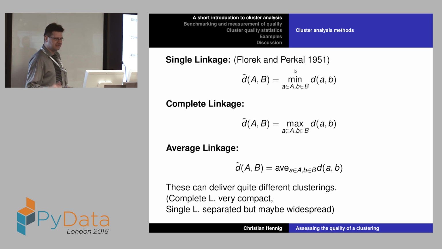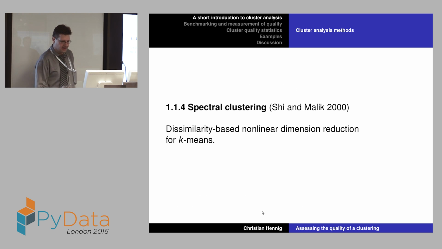This goes back to 1951, as does k-means. Actually, these are the first things that were really intended to be cluster analysis methods. These can deliver quite different clusterings. Complete linkage makes sure that all dissimilarities within a cluster are small, whereas single linkage basically focuses on keeping the dissimilarities between clusters large. So the clusters from complete linkage could be very compact, whereas those from single linkage will be well separated, but may be spread very widely.